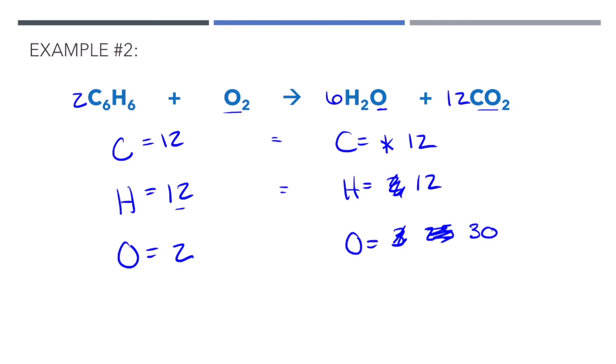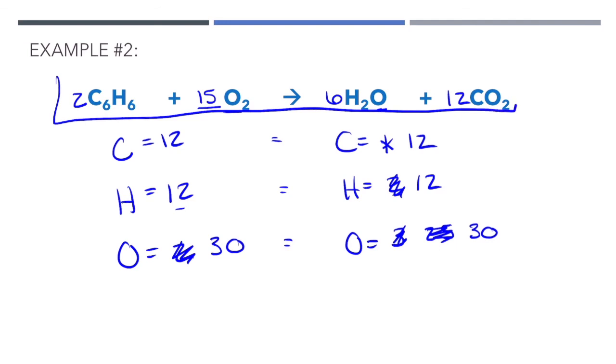All right, and now that's an even number, and now I can multiply this by something in order to get 30 on this side. So if I multiply this by 15, then I get 30 oxygens, and we're equal. So here's the balanced equation for that combustion reaction.